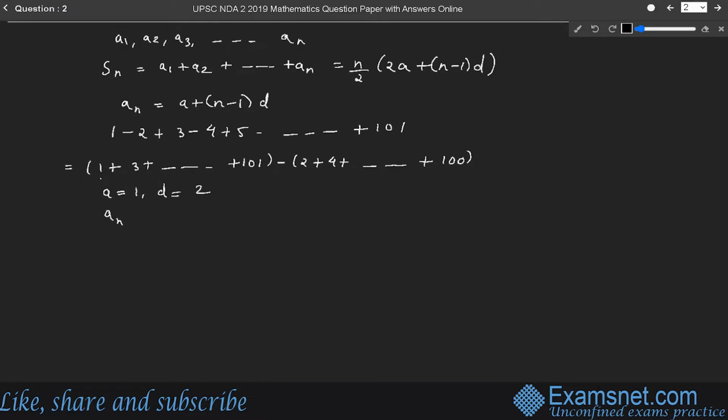Therefore, AN will be equal to 101, which is equal to 1 plus N minus 1 into 2. Therefore, N will be equal to 51.